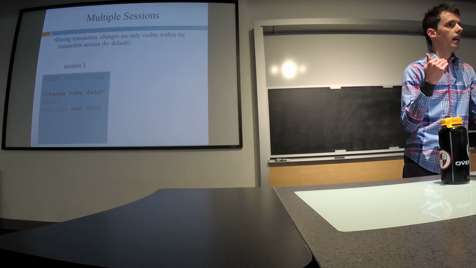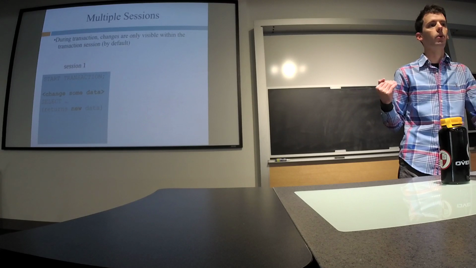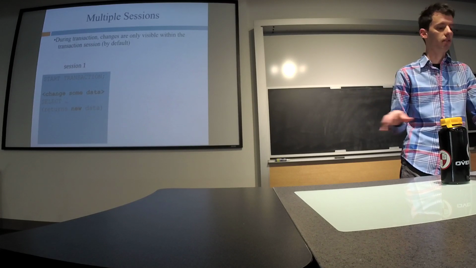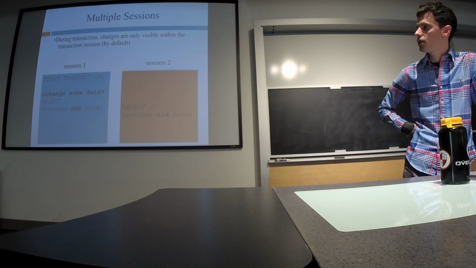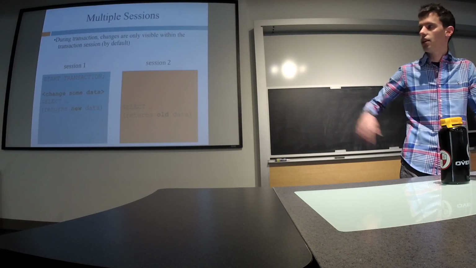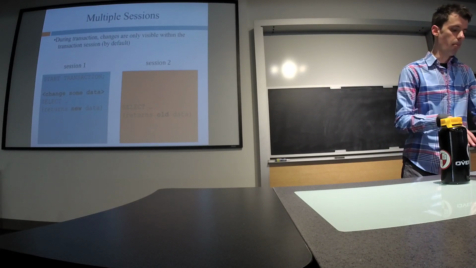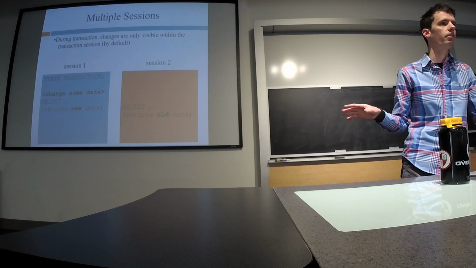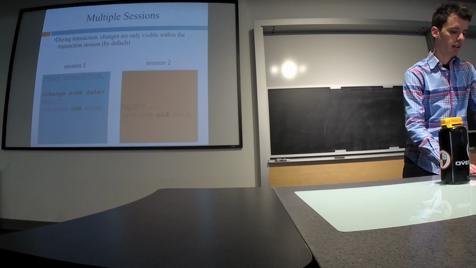Then I can do a select and it will show me those changes, even though they're not actually permanent on the server yet. Over here in session 2, if I do some select related to whatever data was changed in the blue session, it will still see the old data, as if the insert or delete has not happened yet.